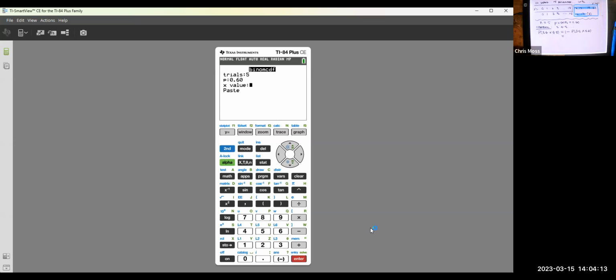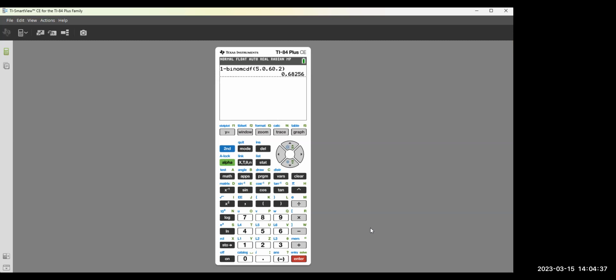The X value in question is 2. We'll paste that in there. And we got 0.683. So better than 1 in 2 chances that we have an overbooking.